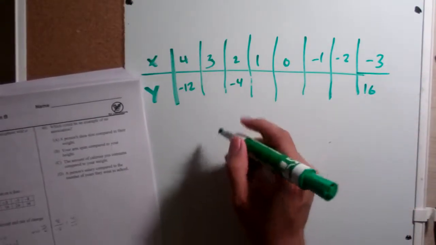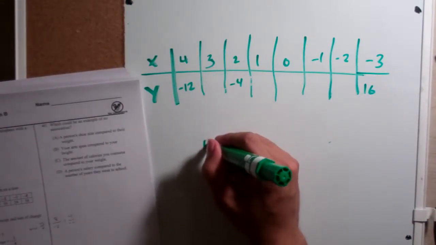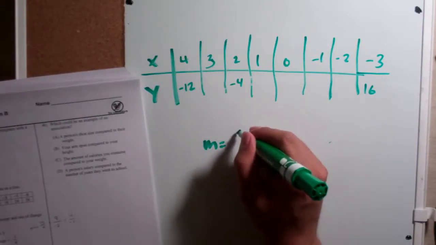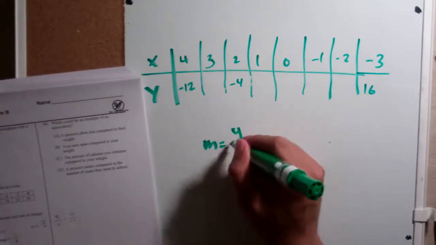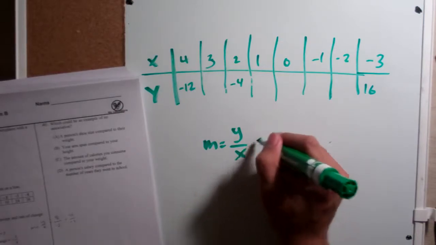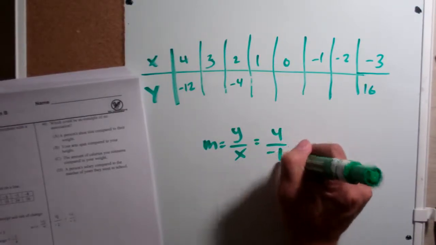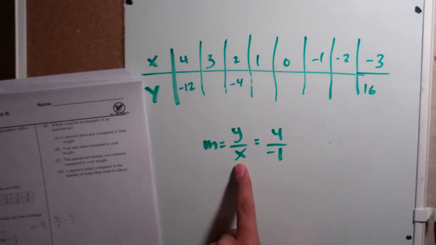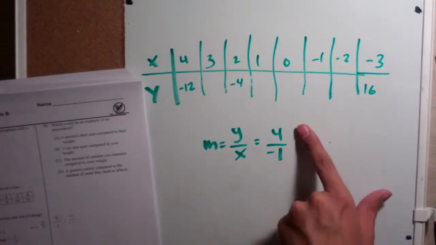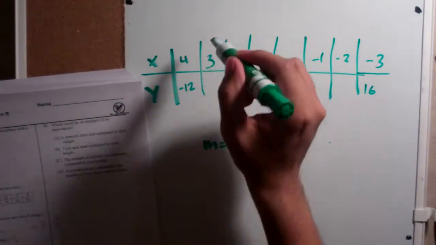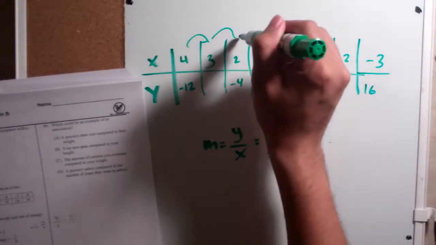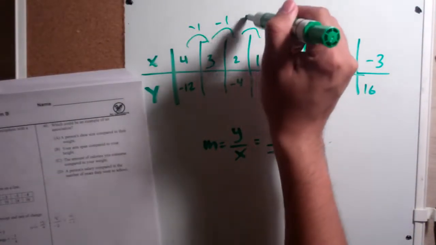Knowing that my rate of change, our m, is y over x, which is 4 over -1, this means when my x decreases by 1, my y increases by 4. If you look over here, from here to here, here to here, it's all decreasing by 1.